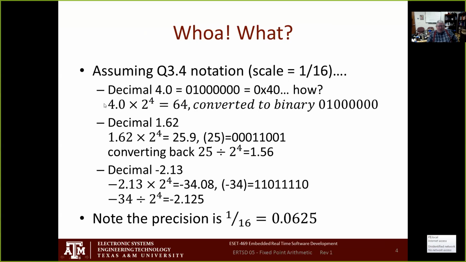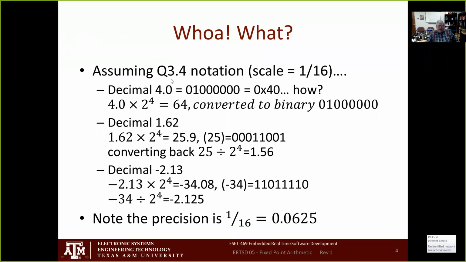So we take whatever number we've got that we want to convert into this value, and we multiply it times that scale factor. So representing a decimal 4 in Q 3.4 notation, we multiply it times 2 to the 4, which is 16, which in binary is this, right? So let's double check our digits. That's 1s, 2s, 4s, 8s, 16s, 32s, 64s. Voila! And that in hex happens to be 0x40.